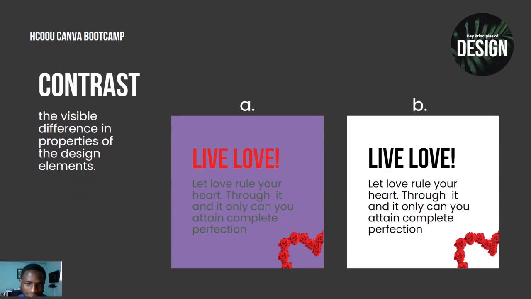So you do contrasting colors, not contrasting designs. Colors that when you put them on one another, one pops out. One is not dull, one is bright. The other one may be dull. So I'm just saying the second one gives good contrast because I used black on a white background.